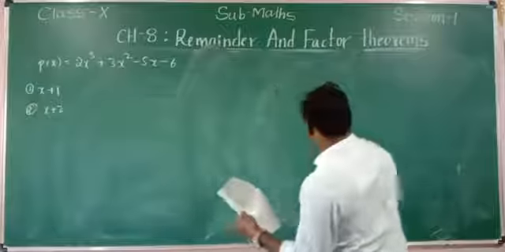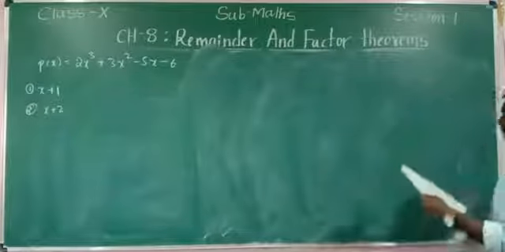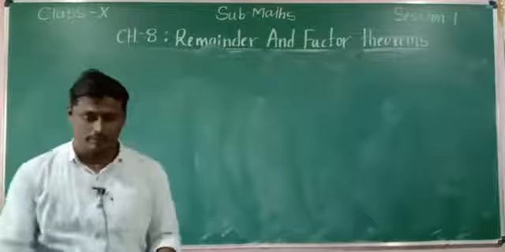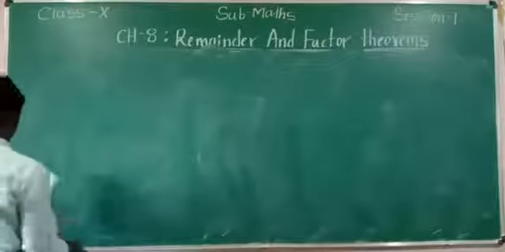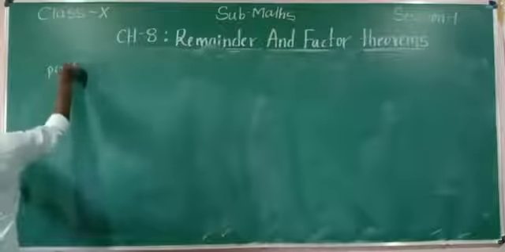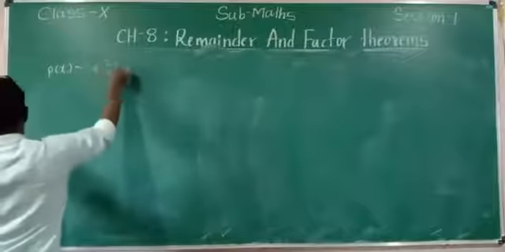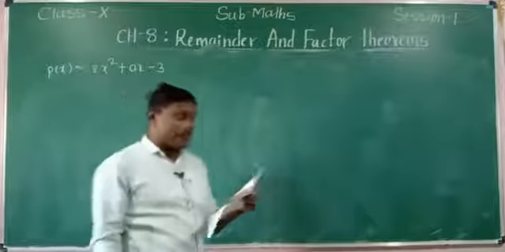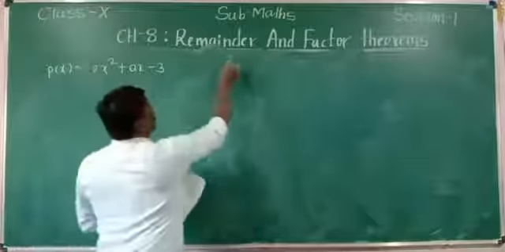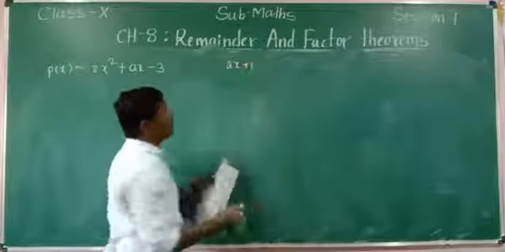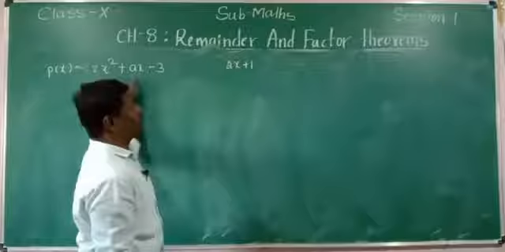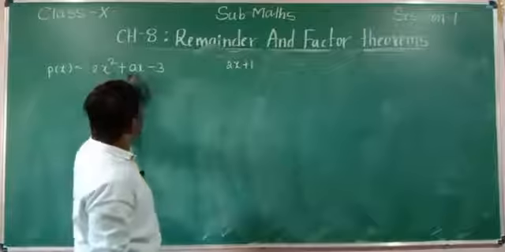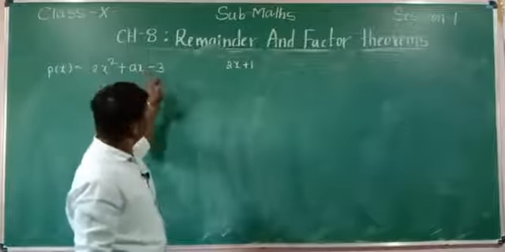So the given expression is p of x is equal to 2x square plus ax minus 3. 2x plus 1 is already a factor of the given expression, that is 2x square plus ax minus 3.